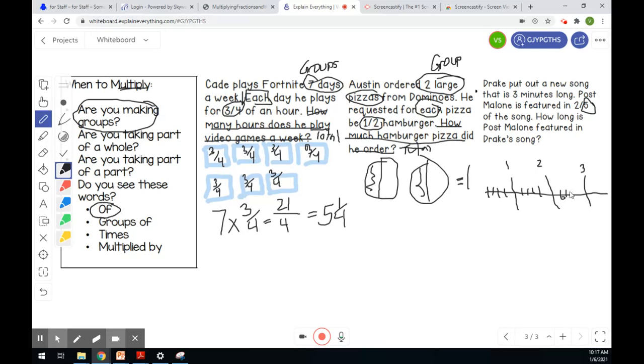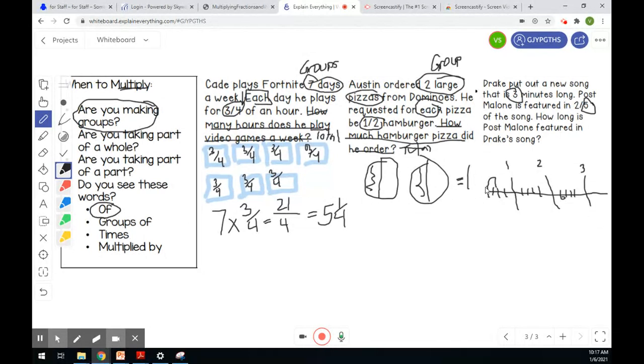Whoops, sorry, I got messed up on that one. Then I'm going to skip count 2/5, 3 groups. I'm going to use that loop to represent 1 group. So this is 2/5, that's 1 group. Actually, let me go back. One thing I forgot: you always start off at 0.